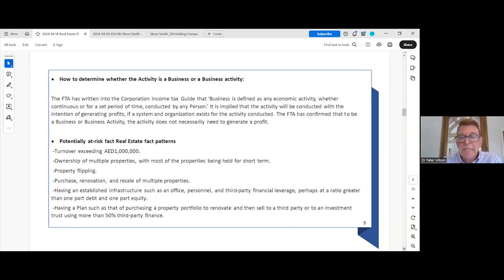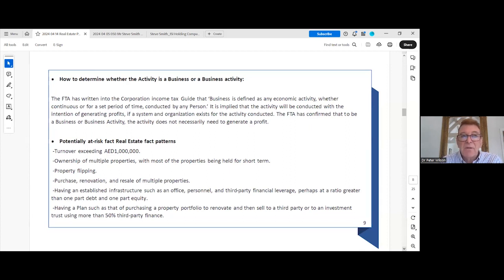So if we picked up that term of 12 months, if our friend owning the 10 apartments is holding all the apartments for only 6 months and selling, that's probably a short term. But if our friend is holding all of them for more than 12 months, it's probably not a short term.